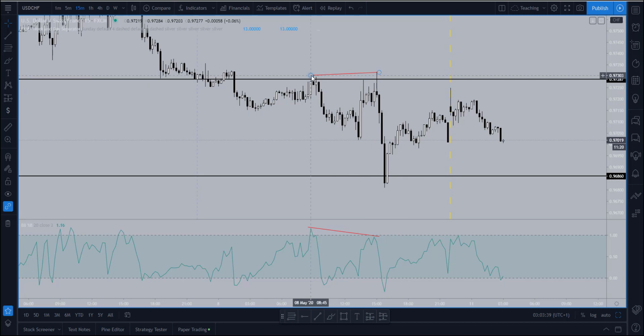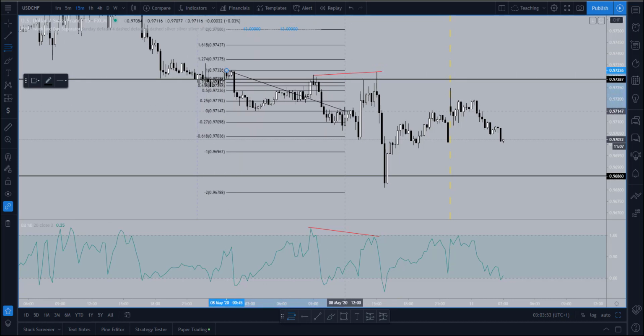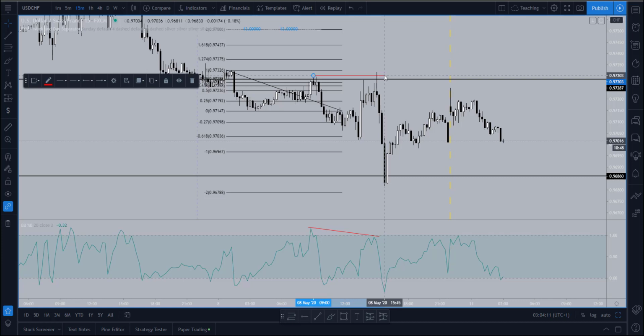In this scenario, it's a case of looking for signs of bearishness. We did get one here, from this high to that low. We did get a 79% retracement level, and then we went down, and then we came back up again to the same level, this time running the stops on that high, and then we sank down.